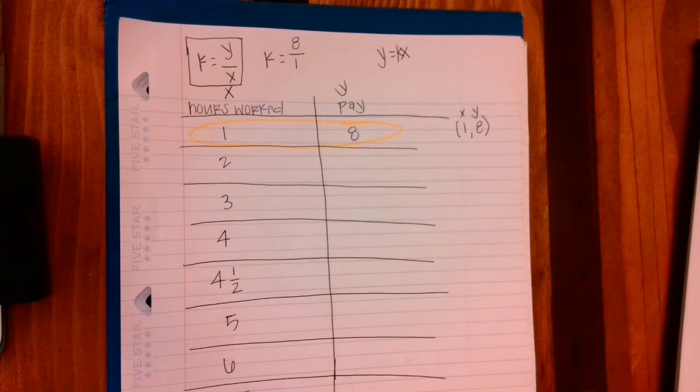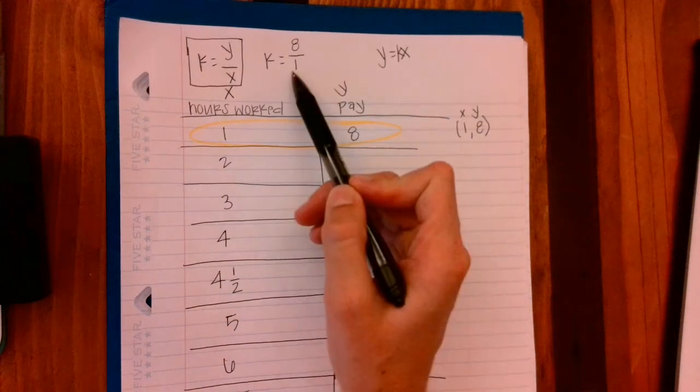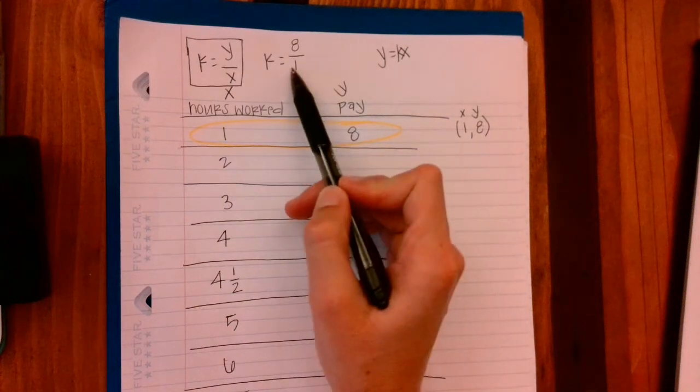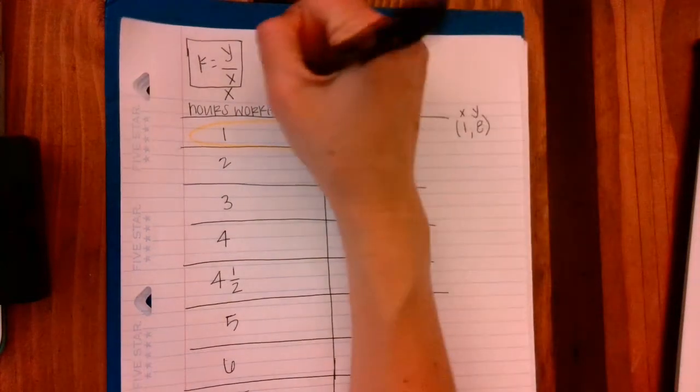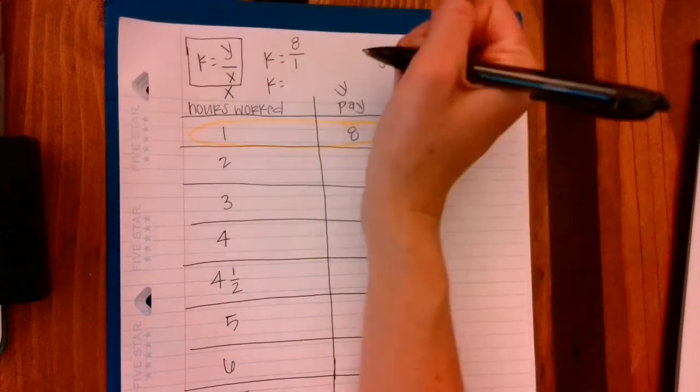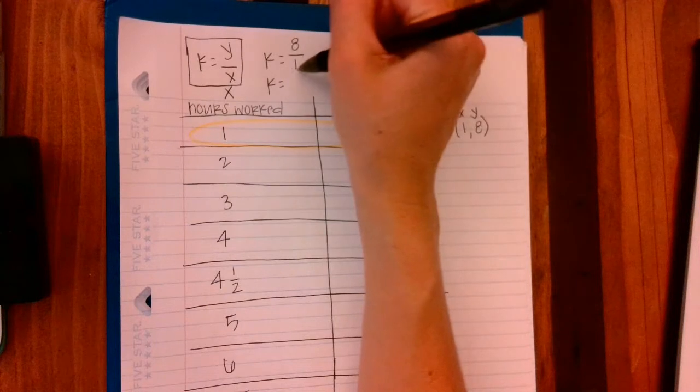However, they should be simplified down to the lowest equivalent ratio that you can get it to, or fraction. So someone asked me, could they leave 8 over 1? You could, but there's no real reason to, because 8 over 1, or 8 divided by 1, is 8.